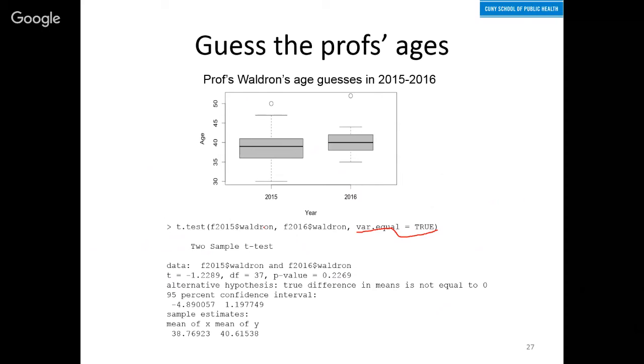Just because we don't have a super large sample size here, and just because there isn't evidence that the mean of the age guesses for last year and this year are different, it doesn't prove that there is no difference, only that we don't have enough evidence to reject the null hypothesis of immortality, unfortunately.